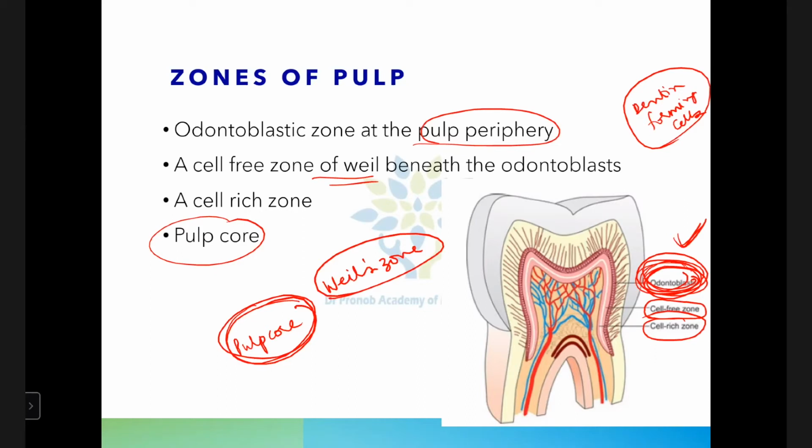The cell-rich zone has a rich amount of cells, fibroblasts and undifferentiated mesenchymal cells. We'll discuss these cells again. Innermost, we have the pulp core. So from the inner aspect: pulp core, cell-rich zone, cell-free zone, and the odontoblastic zone.